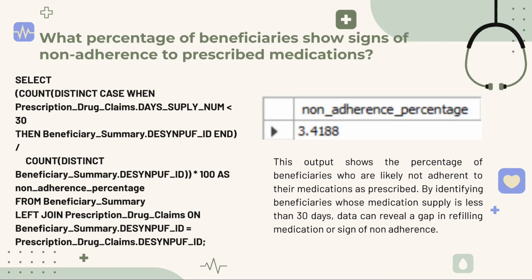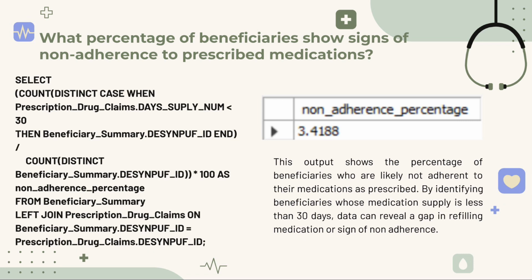This next query presents the calculated percentage of beneficiaries who show signs of non-adherence to prescribed medications. The number of days supply for prescribed medication is understood here as prescription drug claims times days supply.